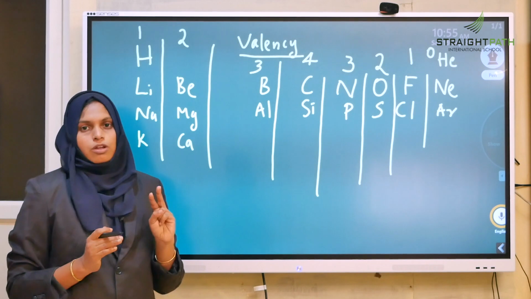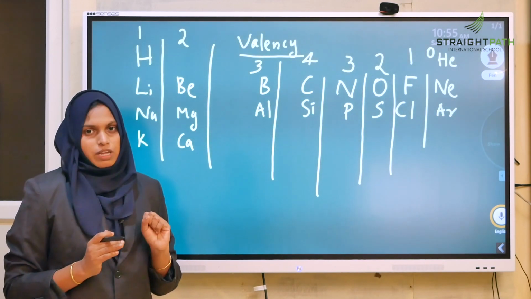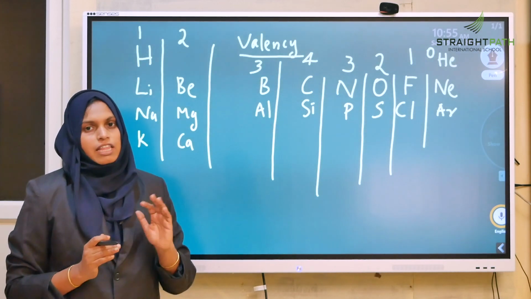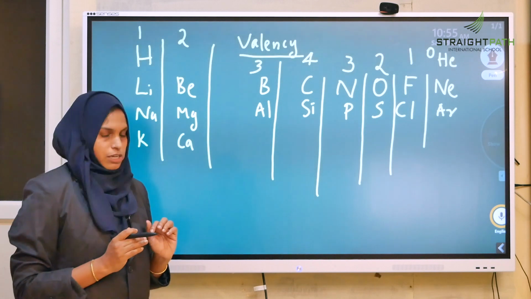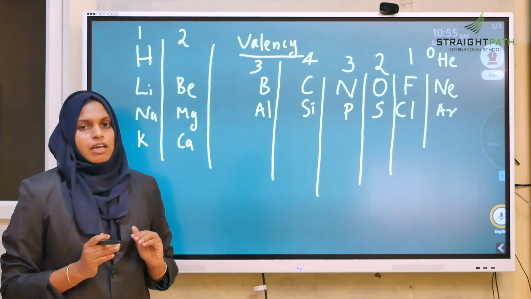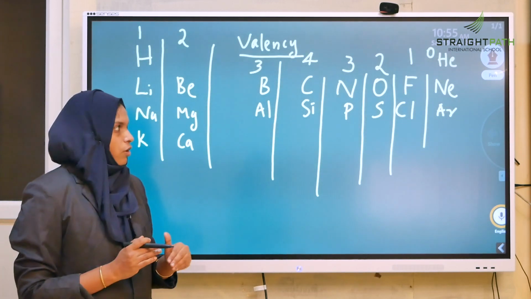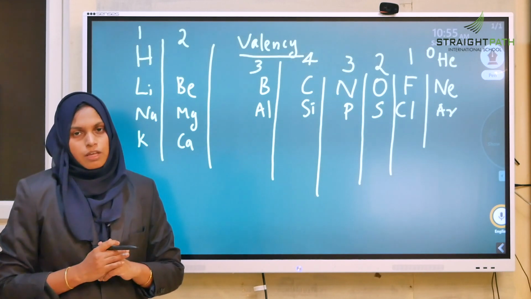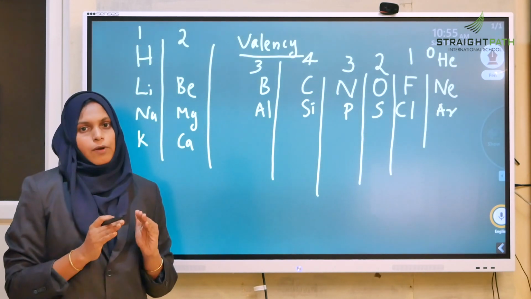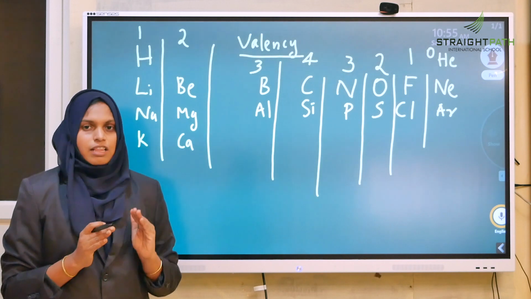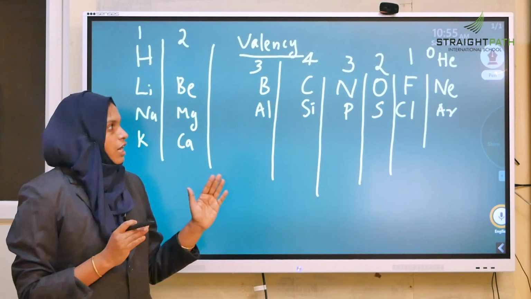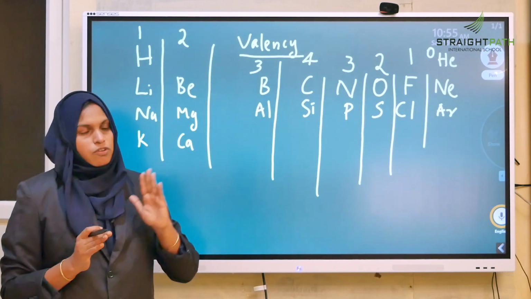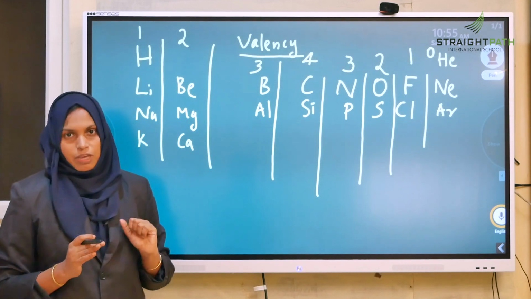Second rule, the metal should be written first, followed by the non-metal. Third rule, in the case of a polyatomic ion, we have to put that polyatomic ion in brackets. These are the 3 rules that have to be followed in order to write the chemical formula.